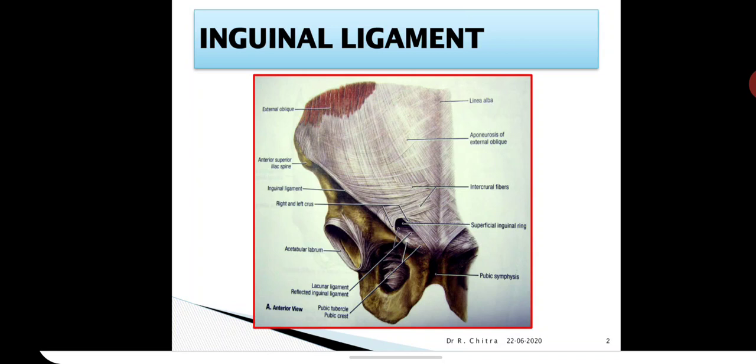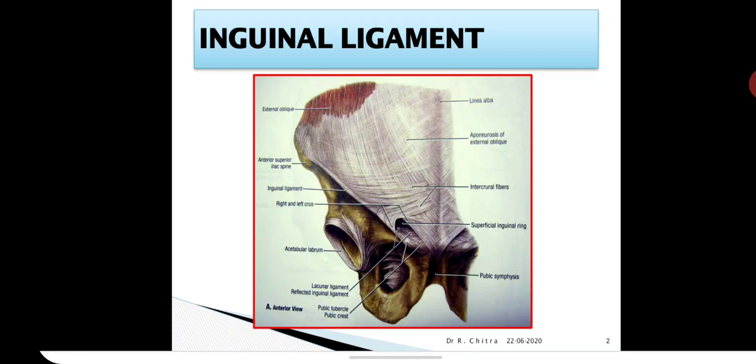So this aponeurosis is thickened in the lower part and it is folded backwards, presenting a grooved upper surface. So that is the inguinal ligament. Its other name is Poupart's ligament. If you see its length, it measures about 12 to 14 centimeters in the adult.